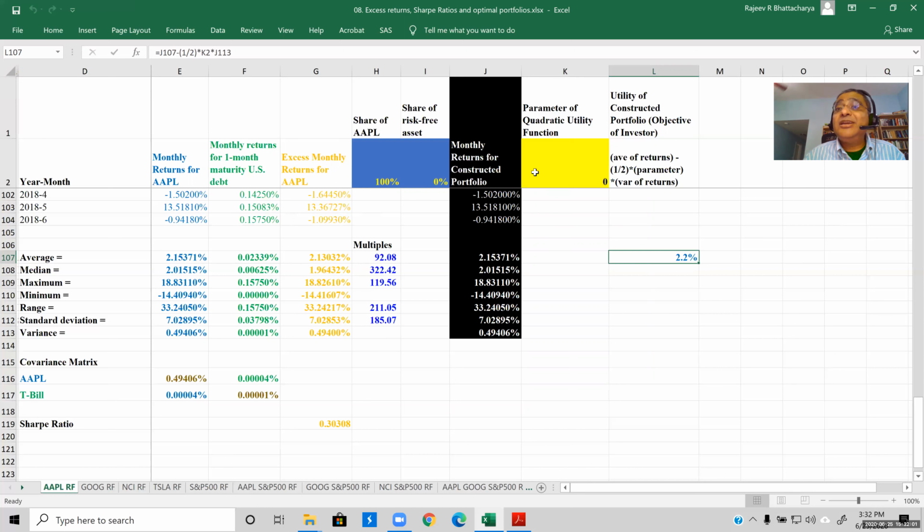You are purely risk neutral. That's what this parameter being 0 says. Okay. What if the parameter is 1?